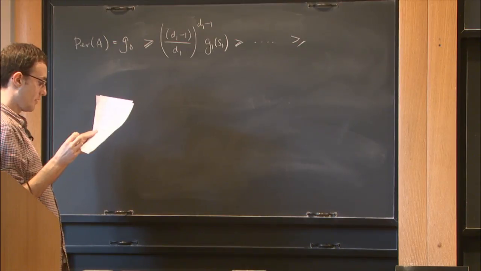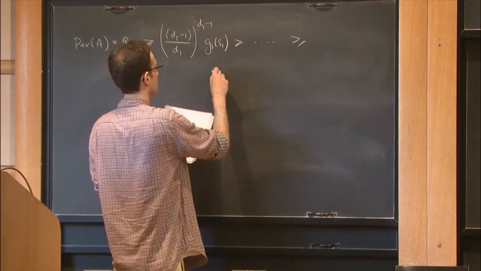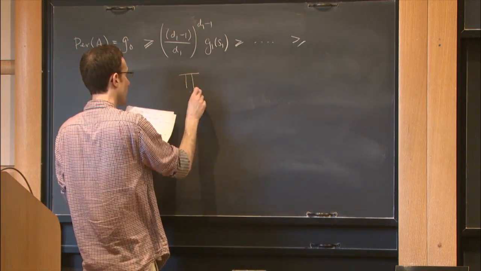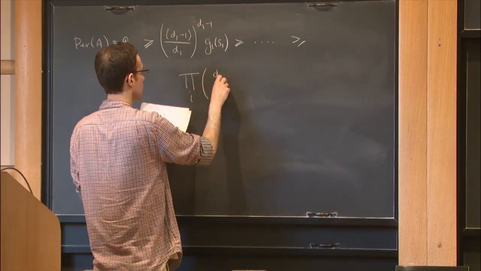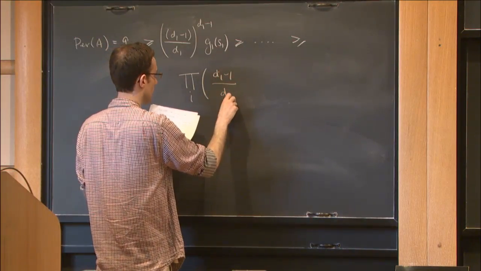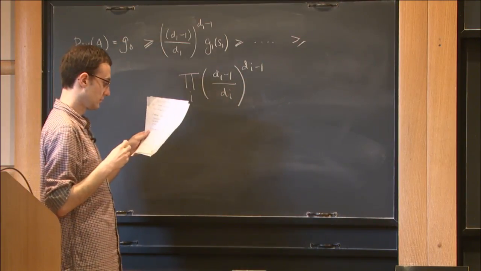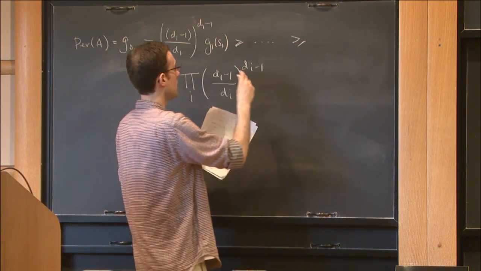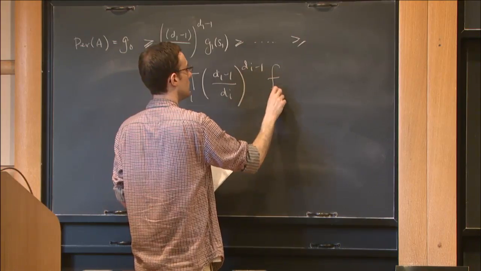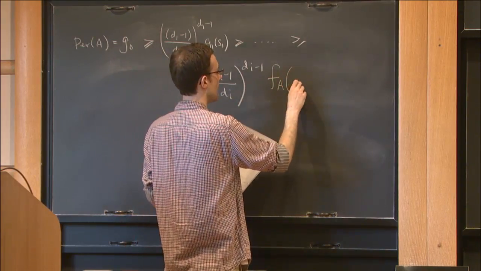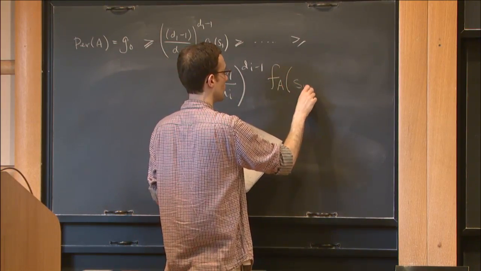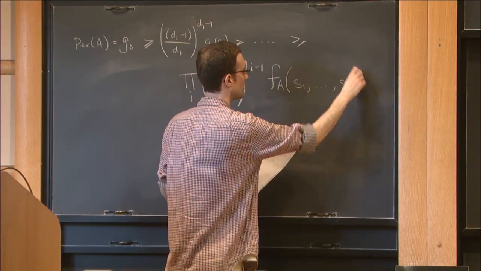So this is greater than or equal to the product over i of ((d_i minus 1) over d_i) to the d_i minus 1, times Gn, which is Fa of S1, ..., Sn.